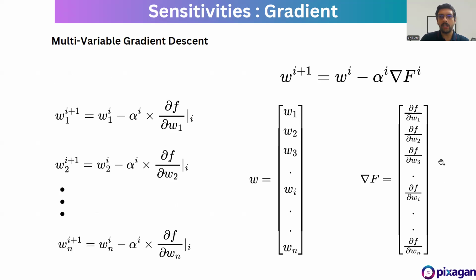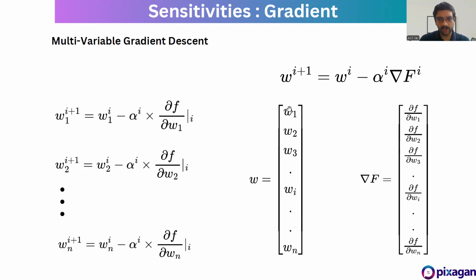So let's look at how the algorithm would shape up. It's the same, only now you can replace W1 here with W. In the one-dimensional case, in the previous video, W was a scalar value. It was just one weight.